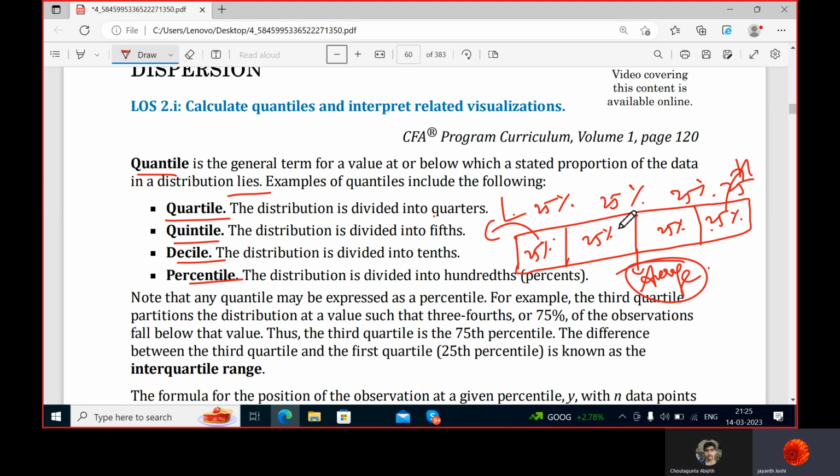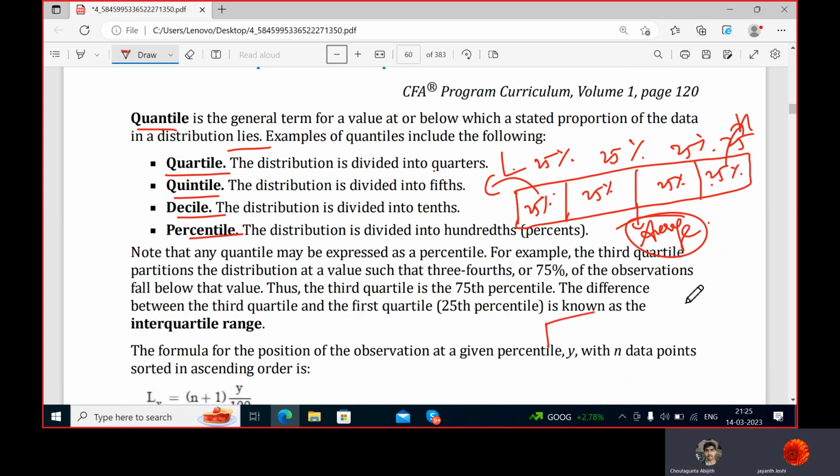So if you divide the data into four parts, it is quartile. If you divide the same data into five parts, it is quintile. Same thing I'll do for you. 1, 2, 3, 4. So 20%, 20%, 20%, 20%, 20%. Lowest, highest, and the average comes in the third quintile, the middlemost one.